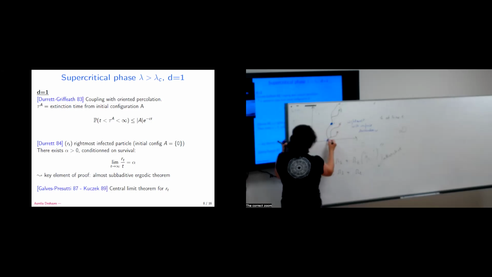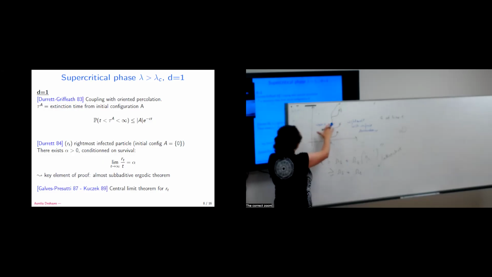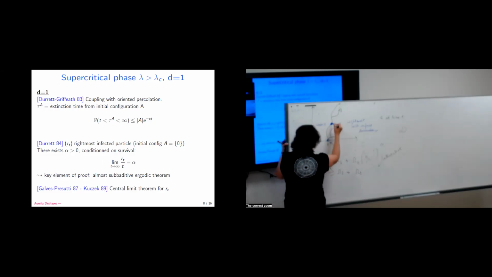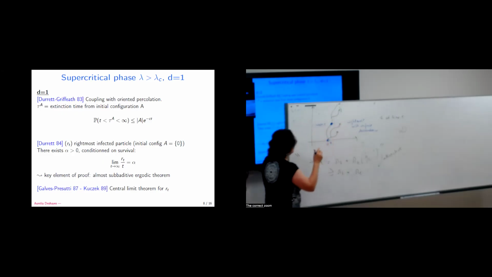When we are here, and this one has infinite descendants, you recover the behavior close to this one. If you forget about what is happening here, this one and this one behave in the same way, always conditioned on survival.